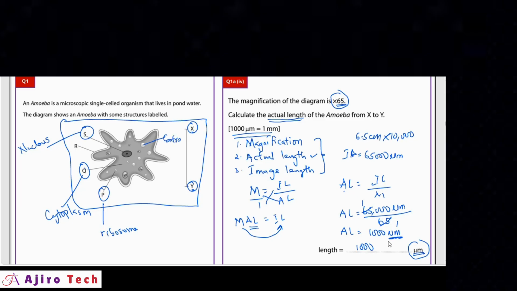Viruses don't have it. So there are a lot of structures that amoeba possesses that viruses do not have. So give 3 differences in structure between an amoeba and a virus.